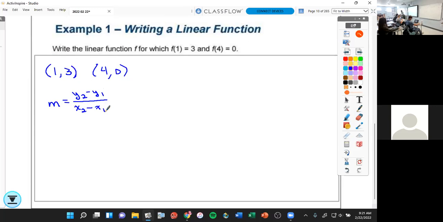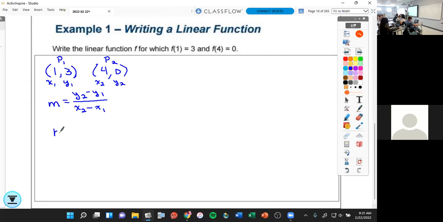And so given the 2 points, does it matter which one's point 1 or point 2? Okay, does it matter if we're consistent? Yes, right? So just because it's written, I'll just call the one on the left point 1 and the one on the right point 2, which makes my 1 x1, the 3 is y1, the 4 is x2, and the 0 is y2.